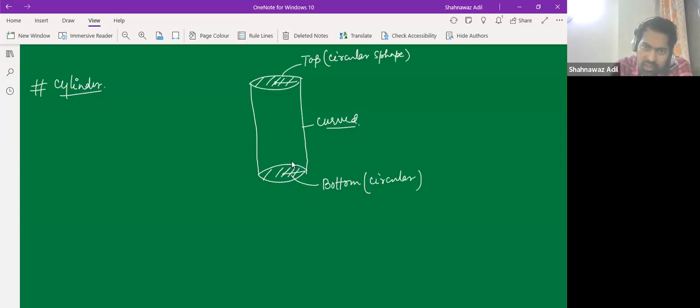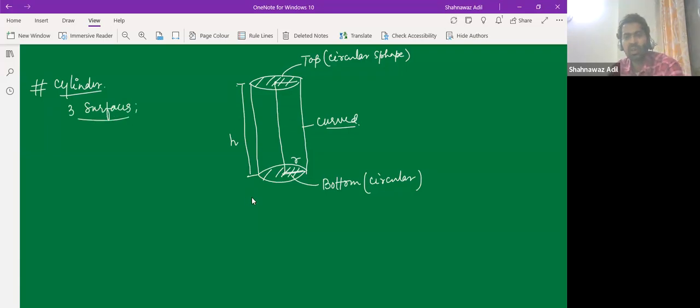So let's say this radius is r, and this height is h. So this cylinder has three surfaces, right? Okay, so we have two circles and one curve, right? So these are the three surfaces.